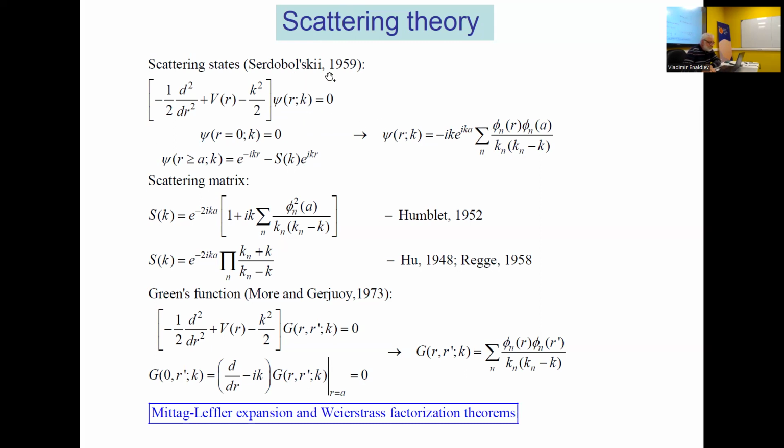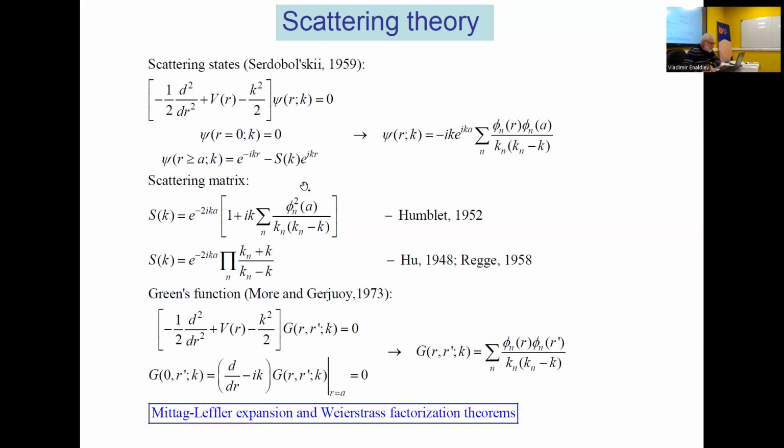This result was obtained by Serdoborsky, who worked in the Lebedev Institute at that time in 1959. So this scattering state can be expanded in terms of Siegert states. Coefficients in the expansion have this form. And this applies for r from 0 to a, and for r larger than a, this formula applies.